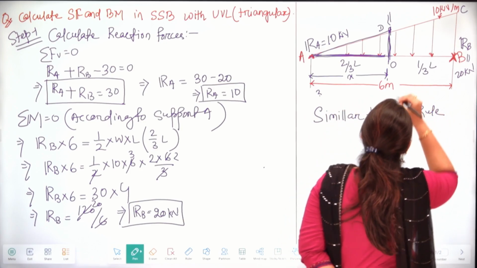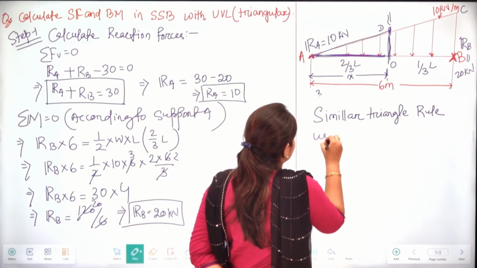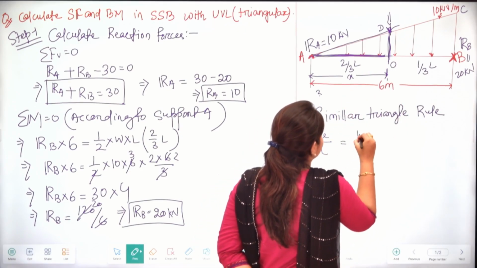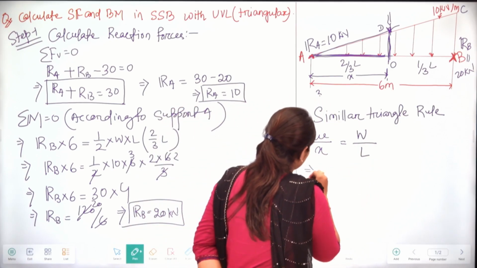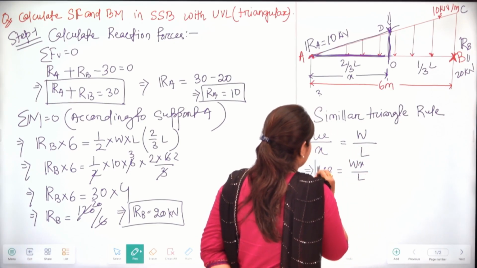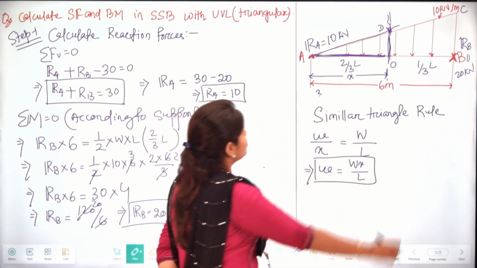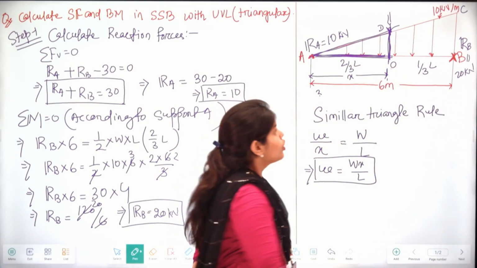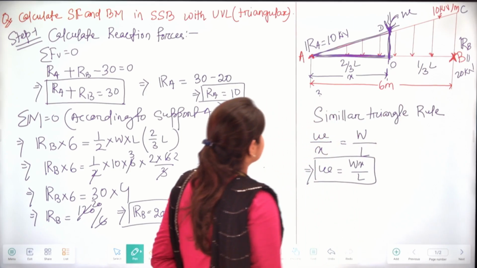So small w upon x is equal to capital W upon L. So the load will be Wx by L. Why do we need this load? Because to calculate the shear force here, we need the load here, the small w.